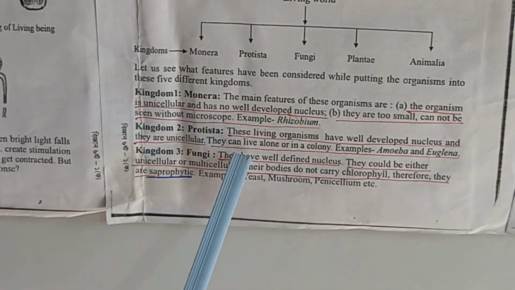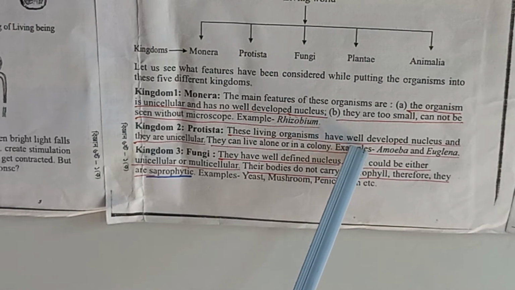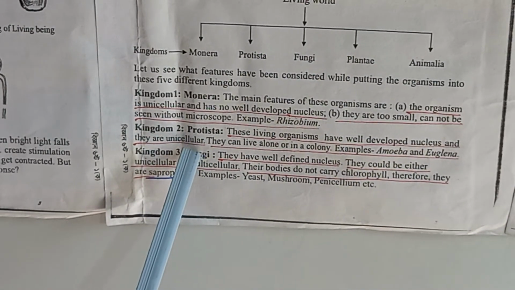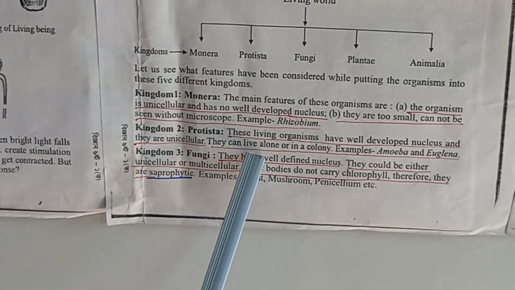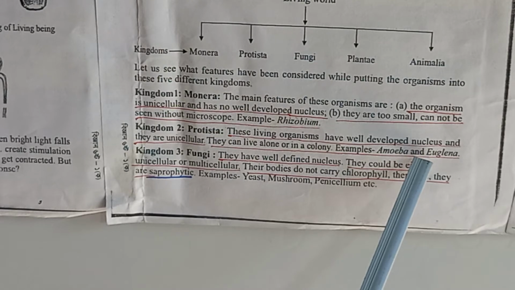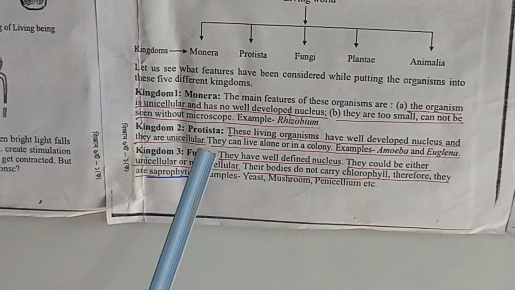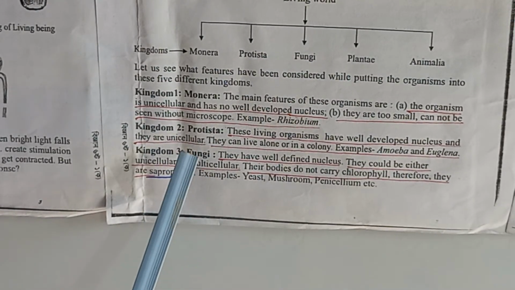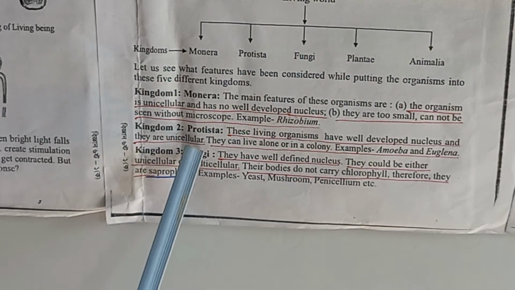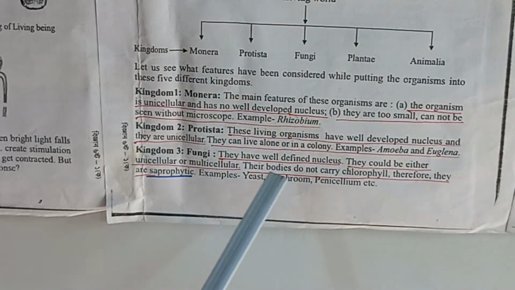Kingdom 2, Protista. These living organisms have a well developed nucleus and they are unicellular. They can live alone or in a colony, example amoeba and euglena. And unicellular means one cell. They have only one cell. Kingdom 3, Fungi. They have a well defined nucleus.